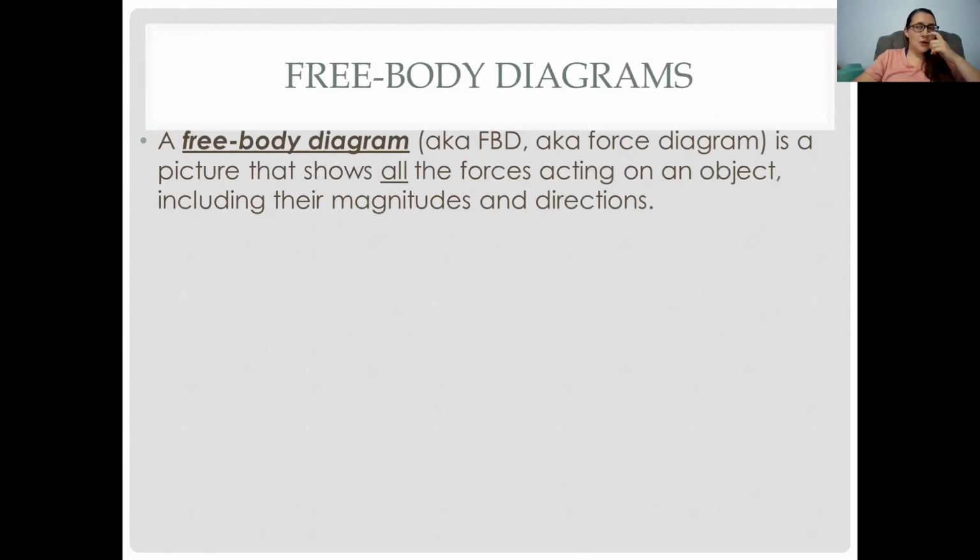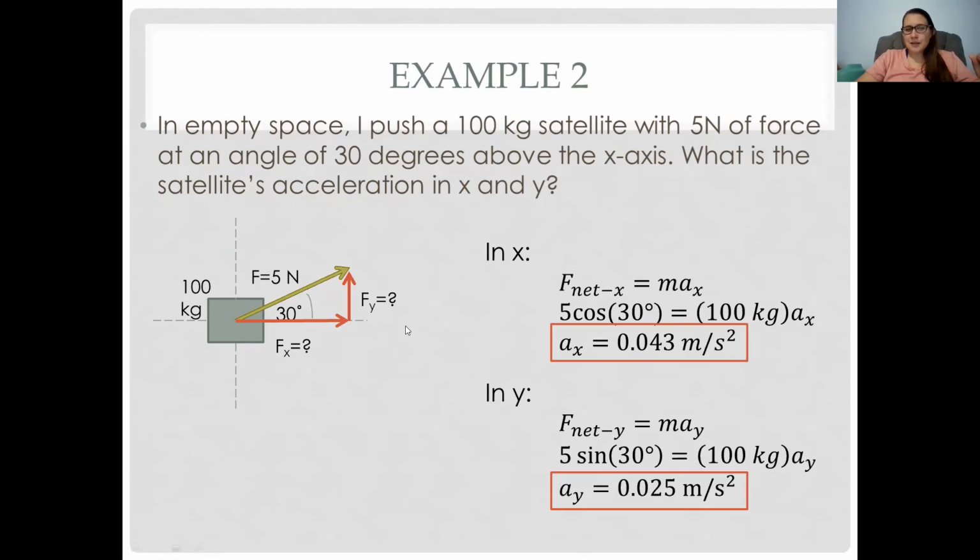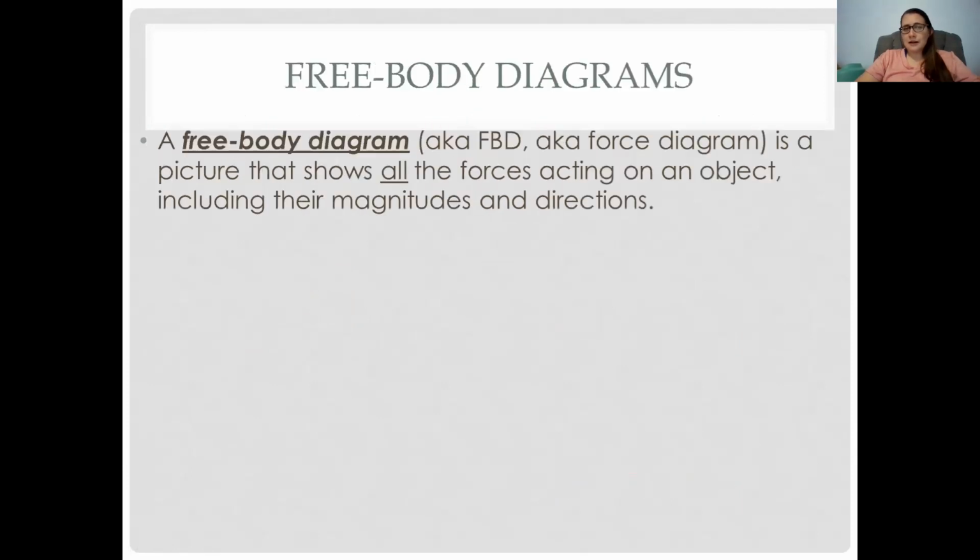Okay, so if you look at this example here, this picture that I drew that shows the forces that are acting on a particular object, this type of diagram is a specific kind of diagram, and they're called free body diagrams. They're also called FBDs for short, or force diagrams.